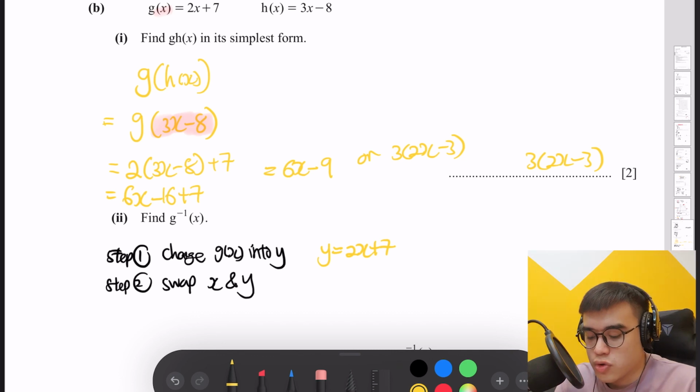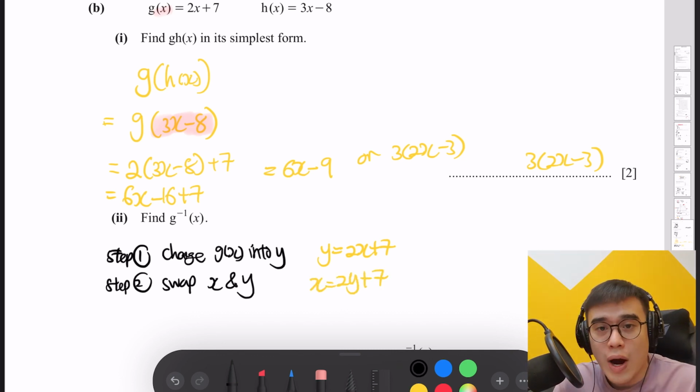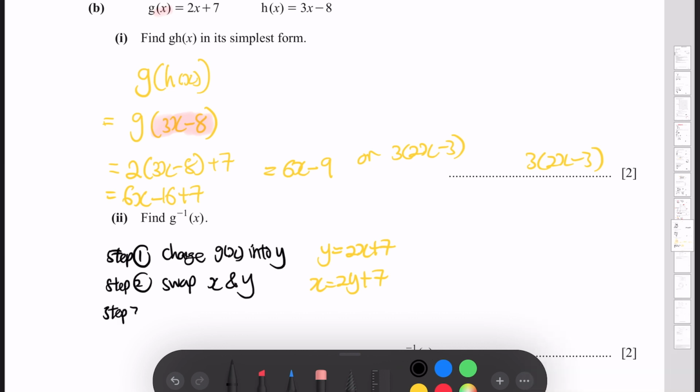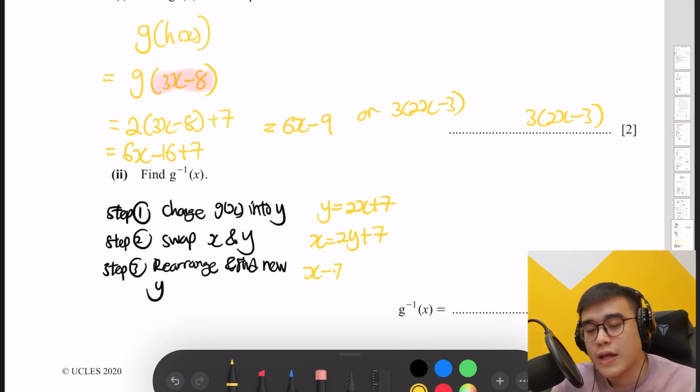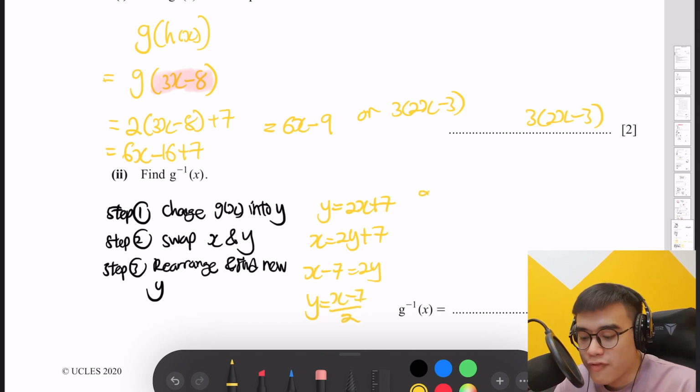I get x equals 2y plus 7. Then the last step is to rearrange everything and make y the subject. So you will get 2y equals x minus 7, then get rid of the 2 over there, you will get x minus 7 over 2 as your final answer.